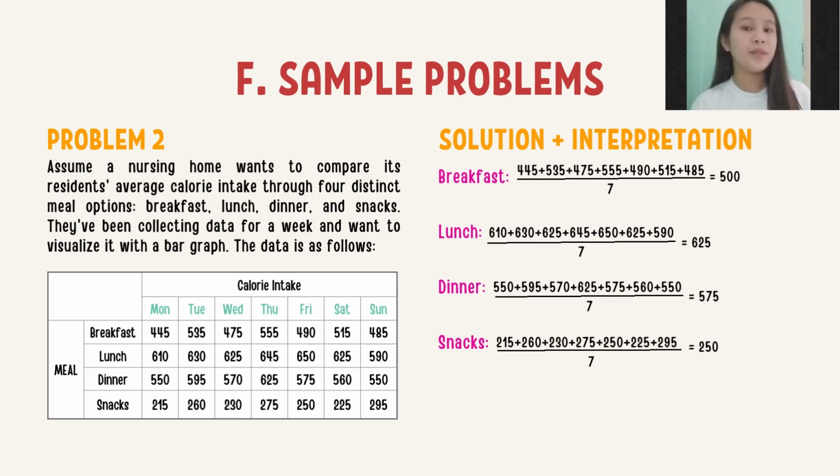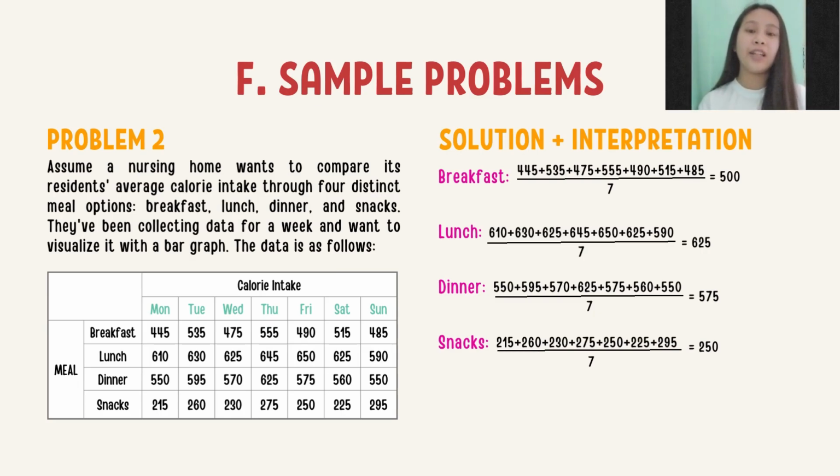It will give us an average calorie intake of 500 for breakfast. Similarly for lunch, the total calorie intake is 610 plus 630 plus 625 plus 645 plus 650 plus 625 and plus 590, and it will give us 4,375. Dividing this total by 7, it will give us an average of 625 calories per day for lunch.